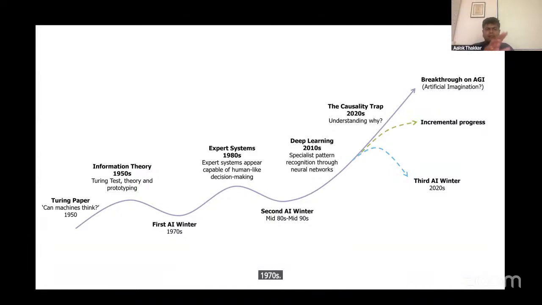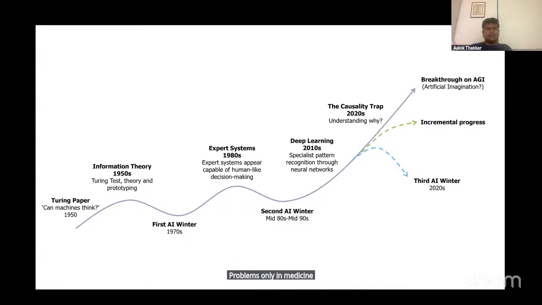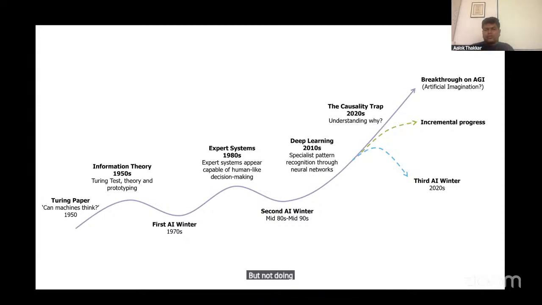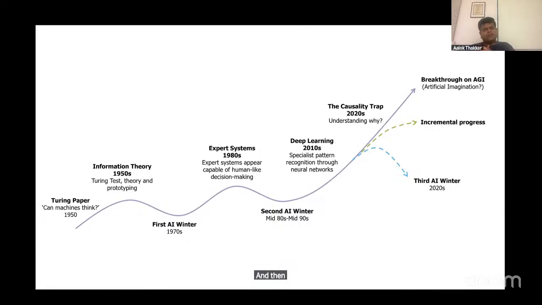And then it takes up, 1980s, we have expert systems that are specifically solving problems only in medicine, problems only in one particular domain, like let's say chemistry, but not doing anything in general. They are capable of human-like decision-making in very small contexts. And then we again see a winter.